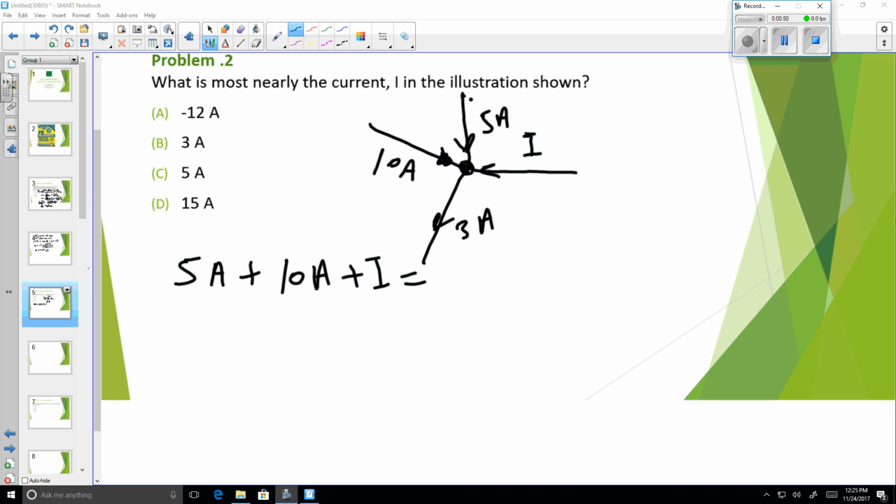The only current leaving that node is the current 3 ampere. Now, if we solve that simple equation, we find I equal to minus 12 ampere, which is choice number 1. The negative sign means the correct direction of the current is the opposite direction. That means current I is actually leaving that node, it's not entering the node.